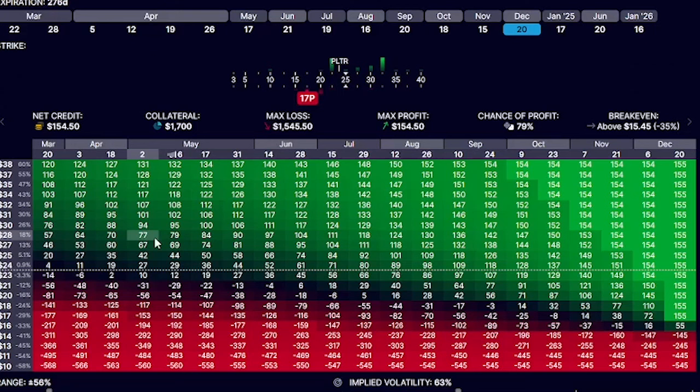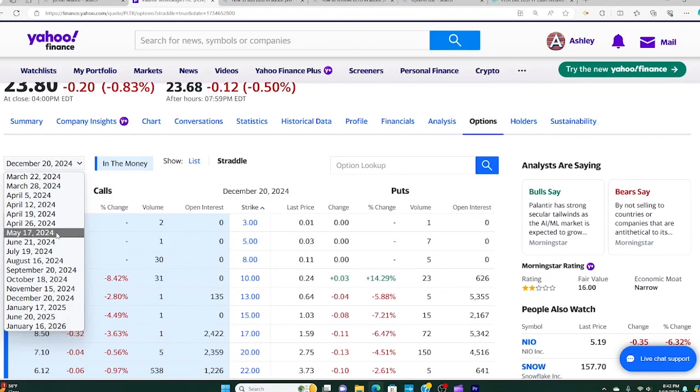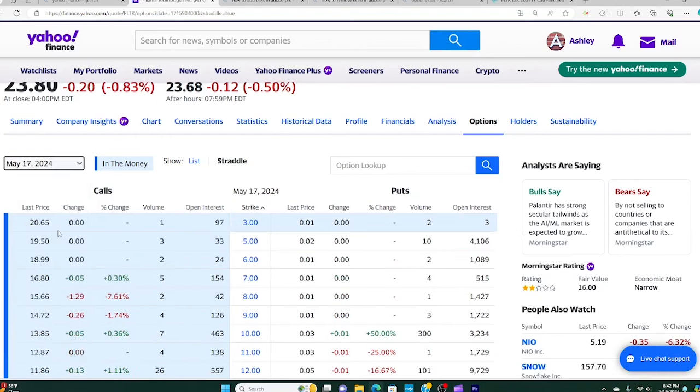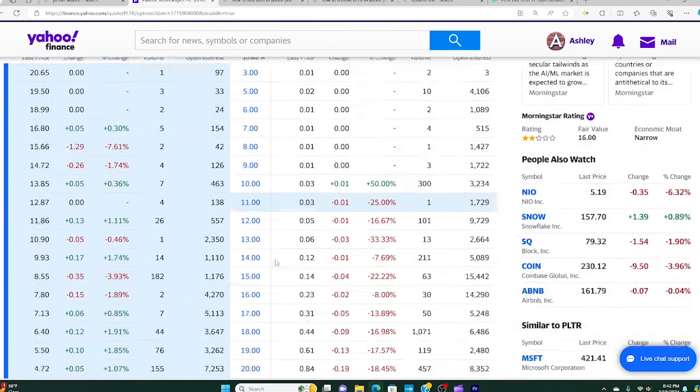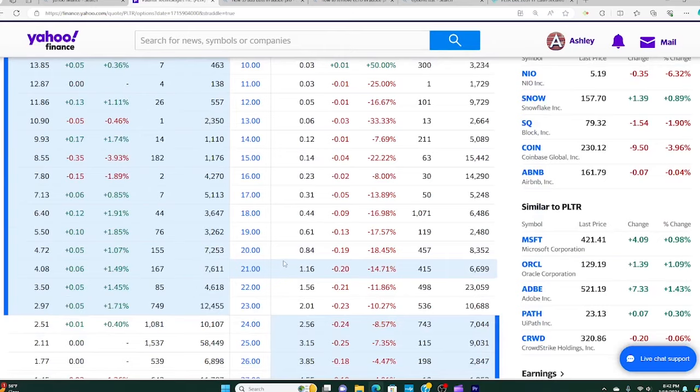For comparison purposes, let's go ahead and look at if we sold a shorter dated put that expired around May the 2nd, what we would pocket if we went a little bit higher than 17. Let's look at May the 17th. That would allow us to capture that May the 2nd date.